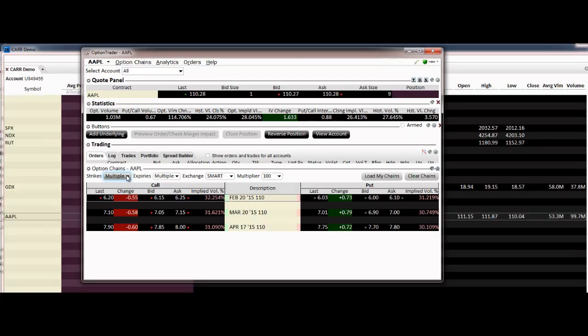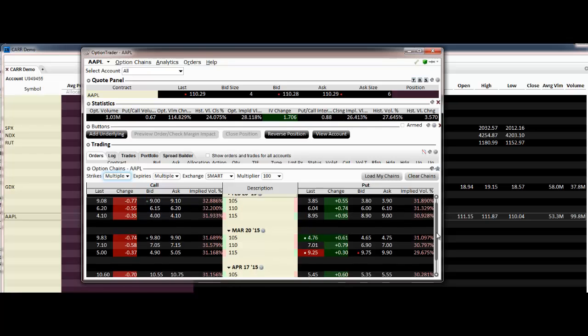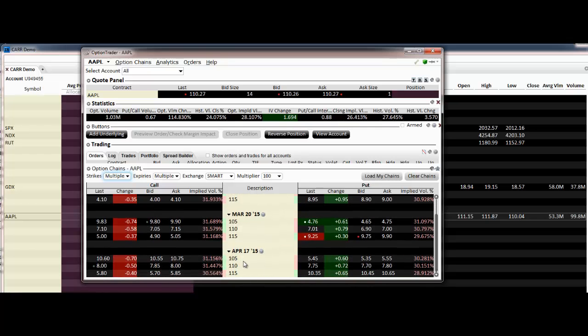So what I can do now to give me a few more options, I can erase the 108, 109, 111, 112, and let's put on the 105 and go down and put on the 115. And that way I have 3 strike prices per expiration date. You can see 3 for February, 3 for March, and here are the 3 for April.